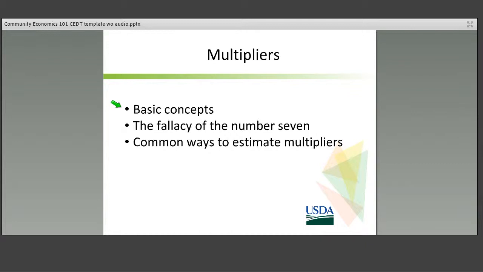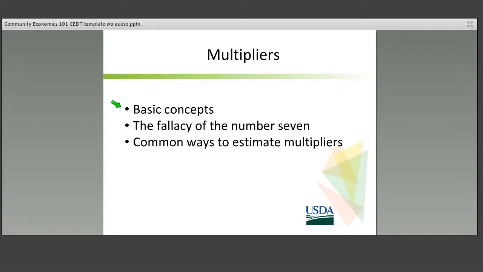And then everybody that gets new income into the household from the new business or the suppliers of the new business, they go out and spend money too, and that's called an induced effect. So we have a direct effect, an indirect effect, and an induced effect that takes place from that initial shock to the economy.